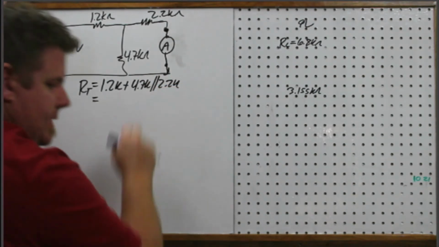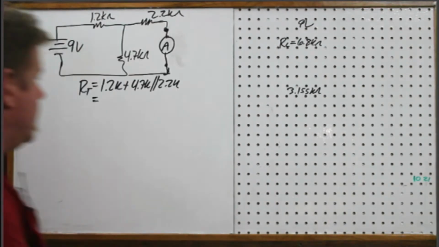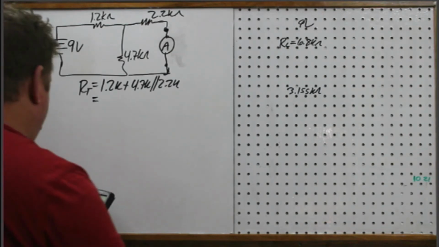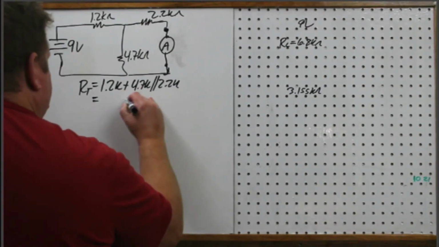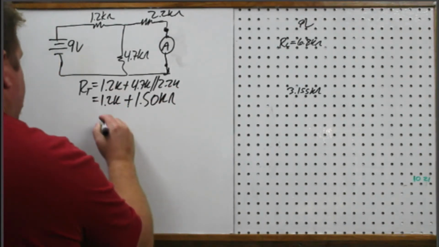So I need to keep this calculation. So 1 divided by 4.7K plus 1 divided by 2.2K. Take it to the negative 1. I'm going to round that one up. 1.50K. And this is 1.2K.